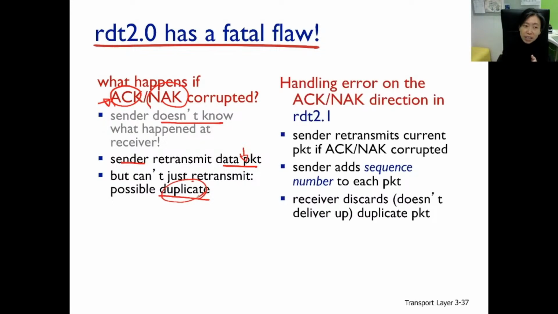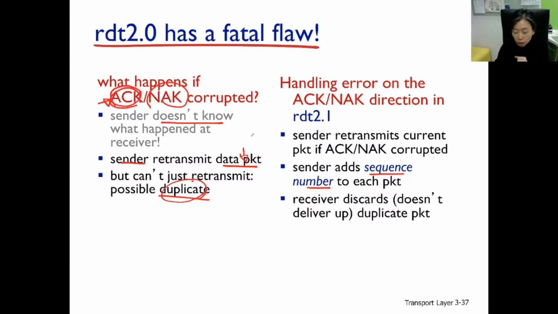So in RDT 2.1, to really seriously address the issue, we need to add a sequence number to the packet sent so that the receiver side can check the sequence number and see if the packet that has already been received earlier matches the sequence number the receiver is receiving now. If they match, then that is very likely a duplicate from the sender, and the corrupted feedback was an ACK.